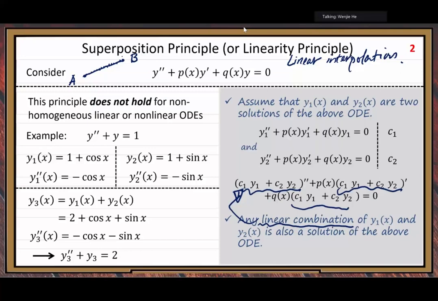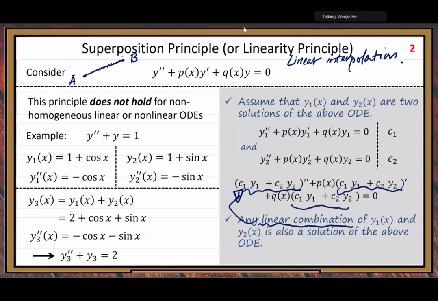We take A, we also take B. We need to put an appropriate coefficient for A, also an appropriate coefficient for B. But the sum of these 2 coefficients must be 1.